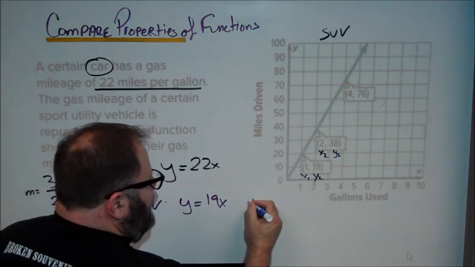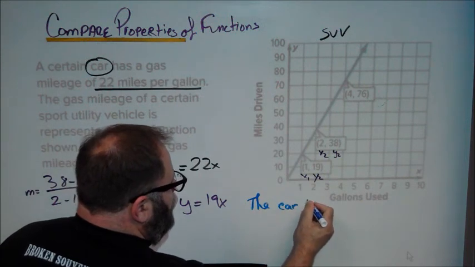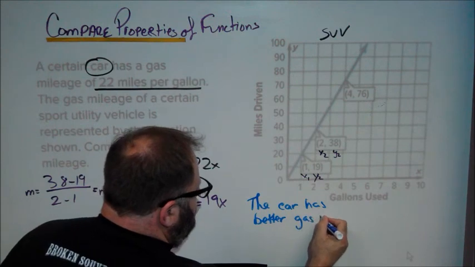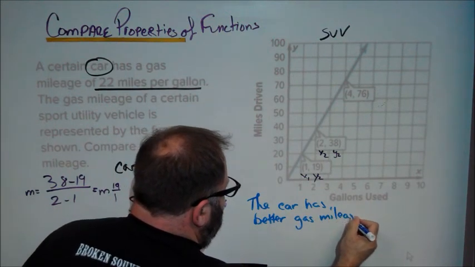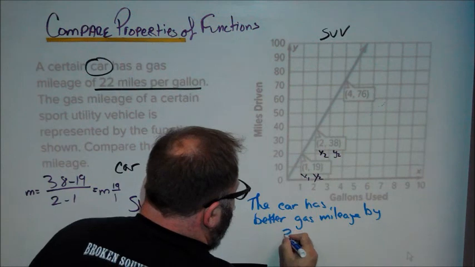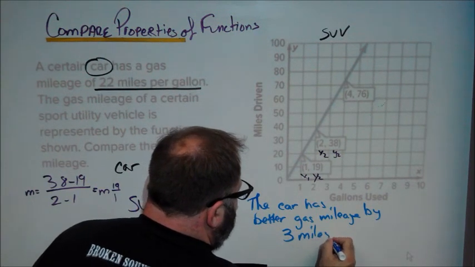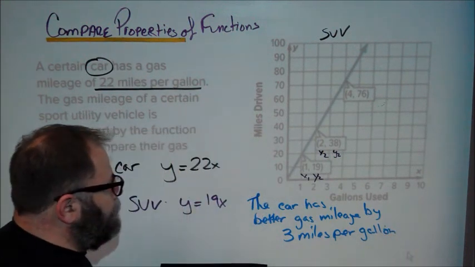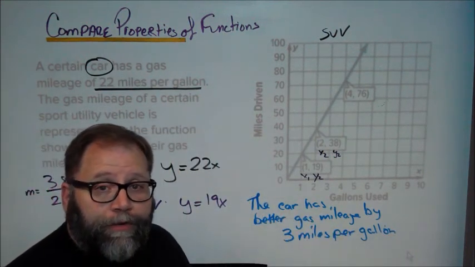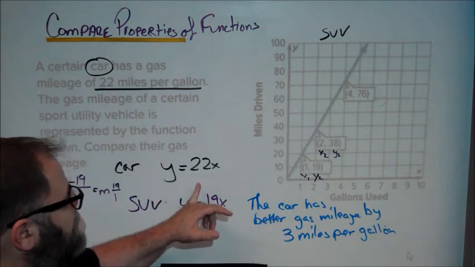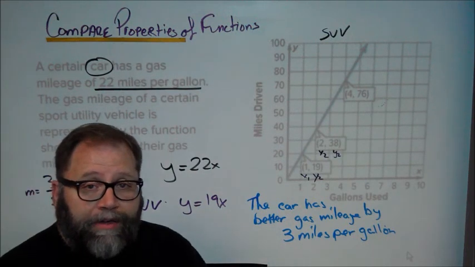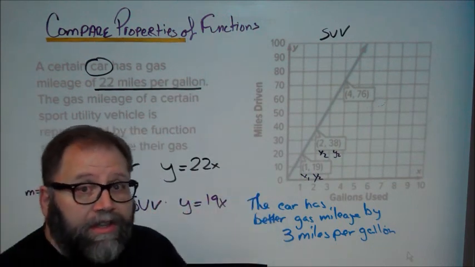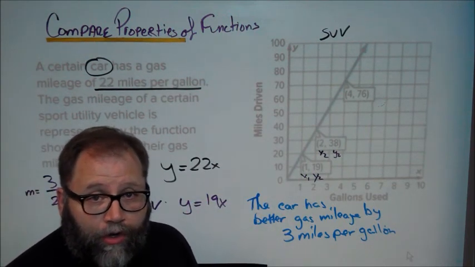So what we could say is the car has better gas mileage by 3 miles per gallon. That's how we compare those two functions. We look to see what's the difference between those two gas mileages. In this problem, the slope was the miles per gallon that each vehicle got.